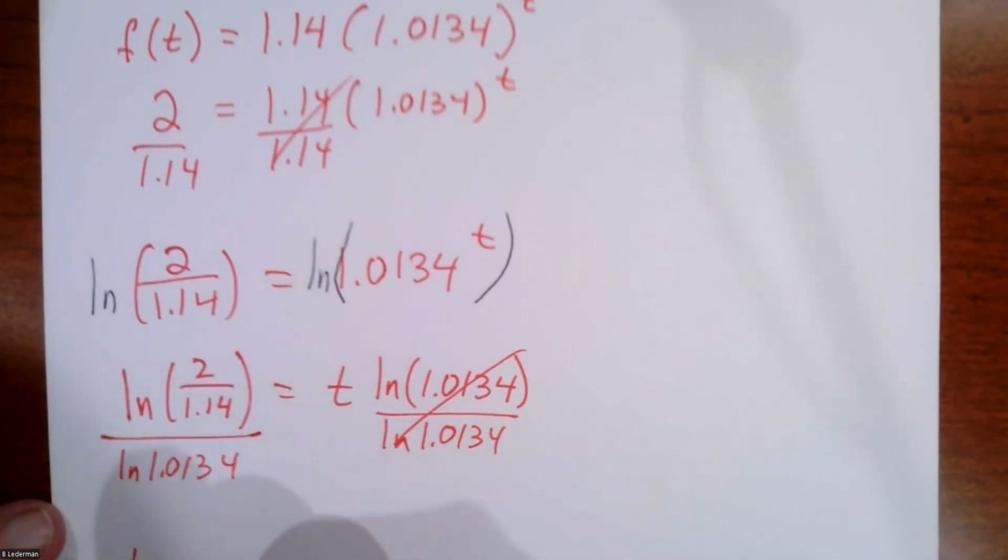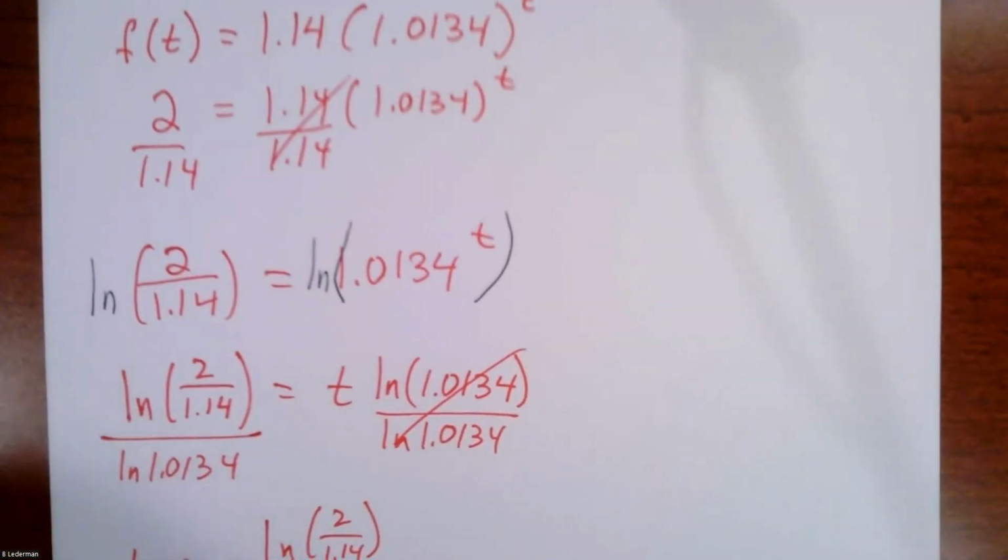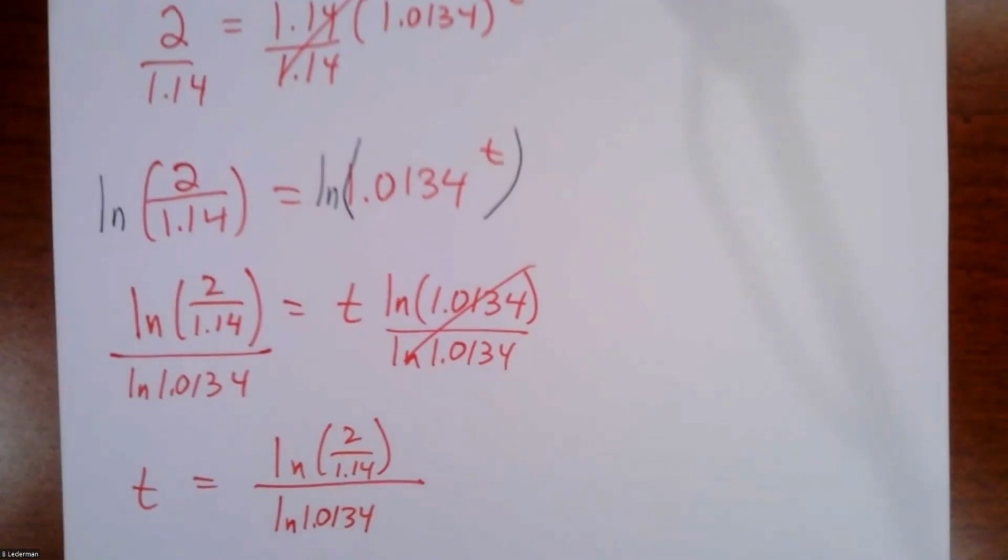So t is equal to the ln of 2 over 1.14 divided by the ln of 1.0134. And this looks hideous and ugly, but it's just numbers. It's just a number that you can crunch into your calculator.